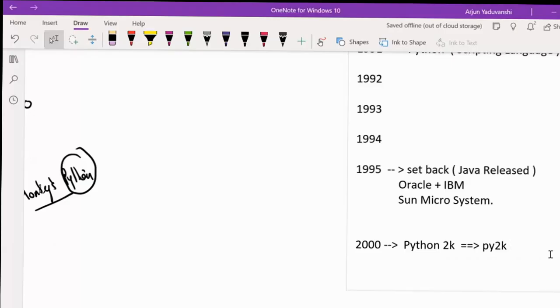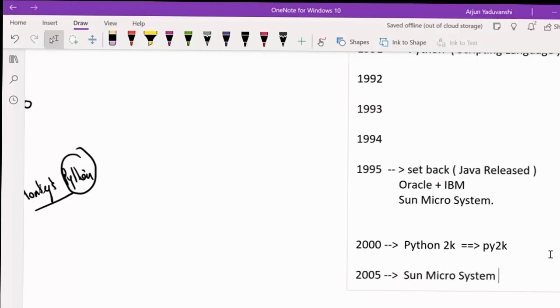And in 2005, something happened which was a triggering point for all the IT giants. Till that time, Sun Microsystems was holding Java.